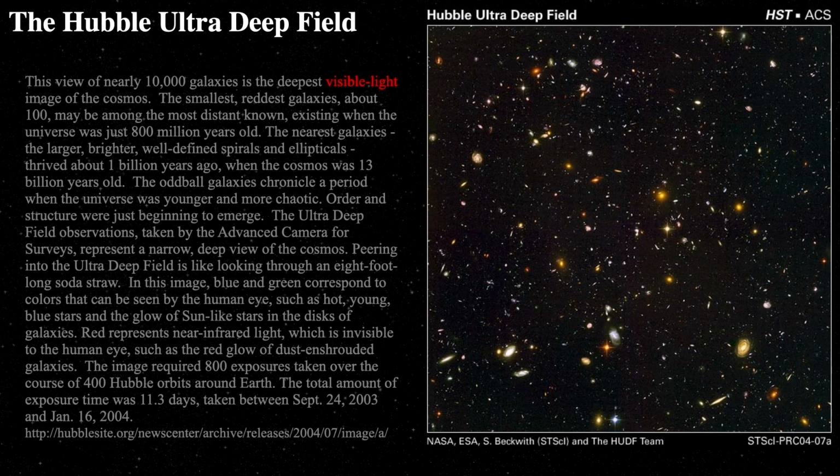This also contains the Hubble Deep Field, but there are now 10,000 galaxies in this visible light image. The visible light band was used, and there are some very, very red galaxies. The dimmest objects and tiniest galaxies date from when the universe was only about 800 million years old.